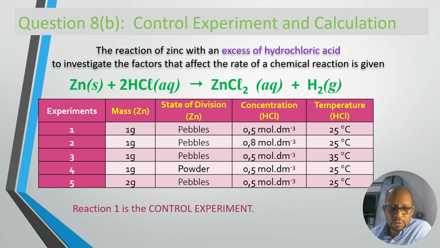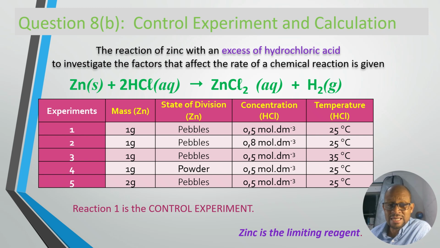They also tell us that experiment 1 is the control experiment, and all other experiments will have slight differences, and that will be the extra information that will tell us how each of these other reactions will compare to experiment 1.